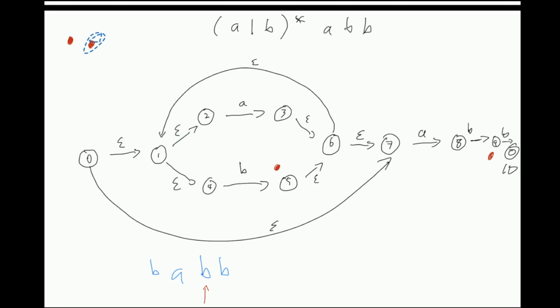And then again, we do the same thing. We take all of our epsilon transitions and we follow them because they don't require any input. So we go 5 to 6, 6 to 7, 6 to 1, and then 1 to 2 and 3 with our epsilon transitions.